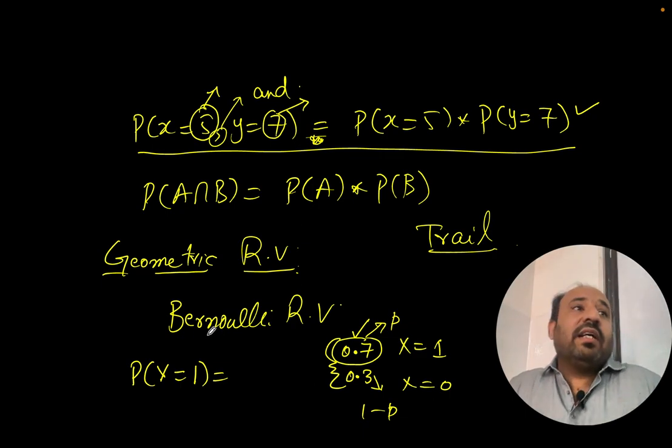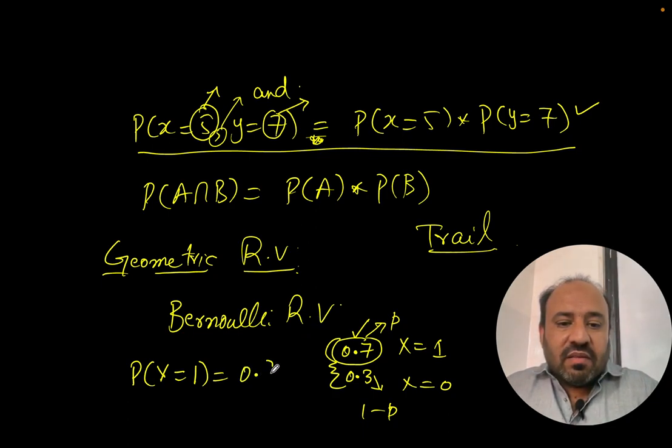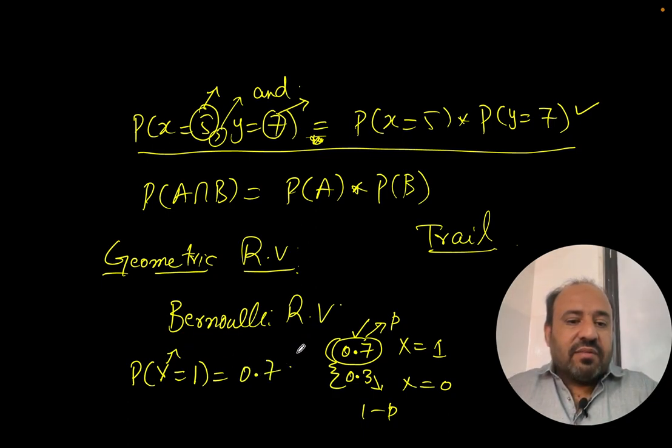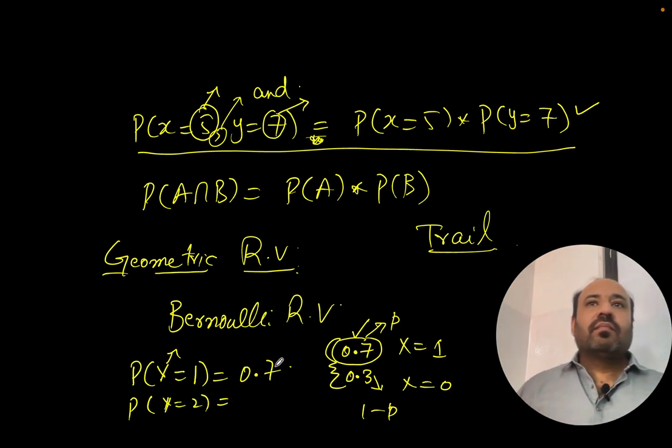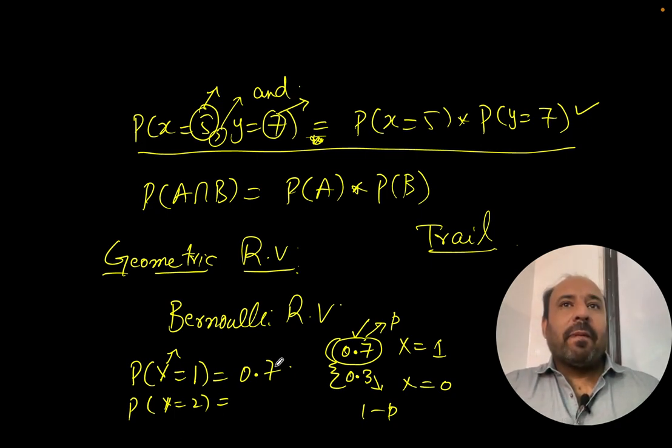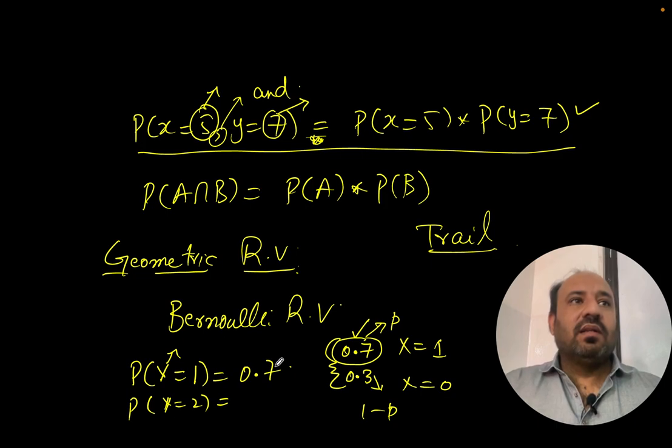Well, the probability that the coin succeeds, that is 0.7. Y is geometric. Now, what's the probability that y is equal to 2? That means you make 2 Bernoulli trials. The first one was failure, the second one was success.